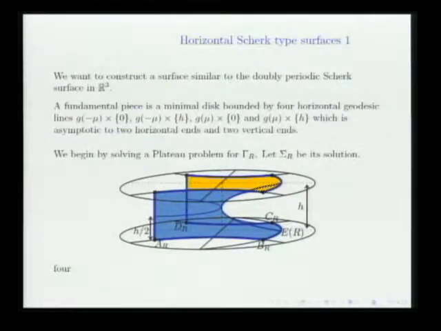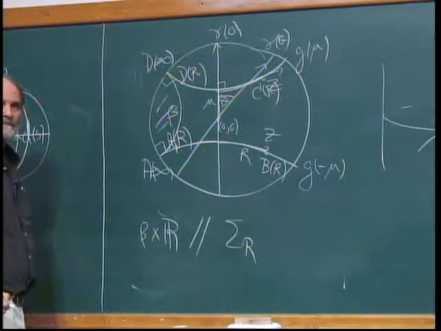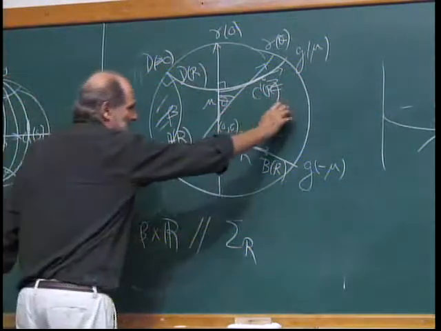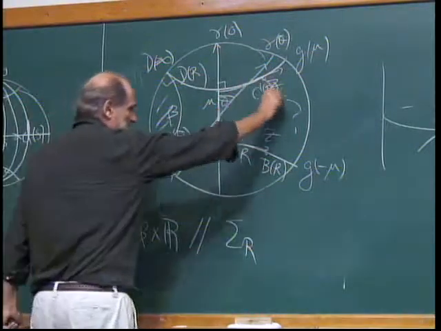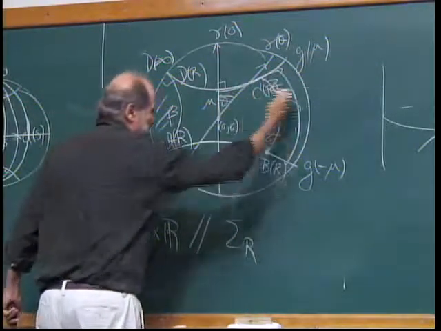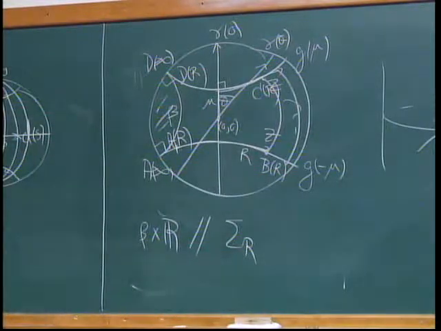So as R goes to infinity, that surface cannot go to the left of this geodesic. As R goes to infinity, the surface cannot go here. What happens here as R goes to infinity? Here the equidistants are going to infinity, so maybe the whole thing goes to infinity and disappears.